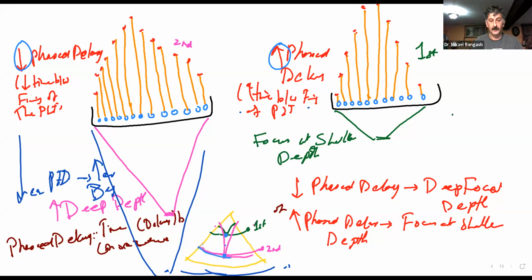It's going to be the entire depth. Or focal depth, sorry.